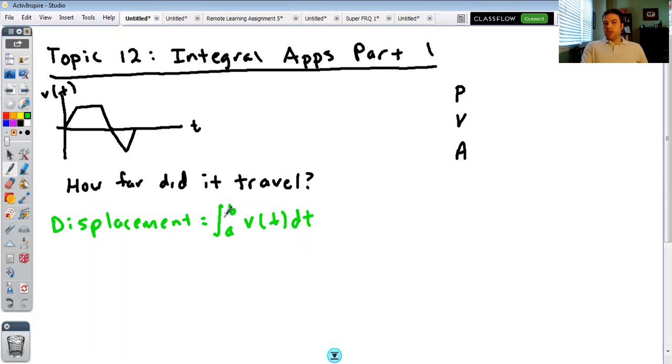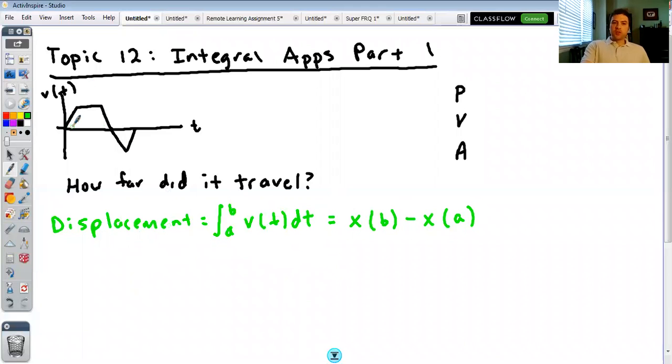If the integral represents the net change in value of the antiderivative, and the antiderivative of velocity is position, then the integral of velocity will tell me displacement, net change in position. By the fundamental theorem of calculus, I could rewrite this integral as the position at time B minus the position at time A, net change in position. So where are you at in comparison to where you started?